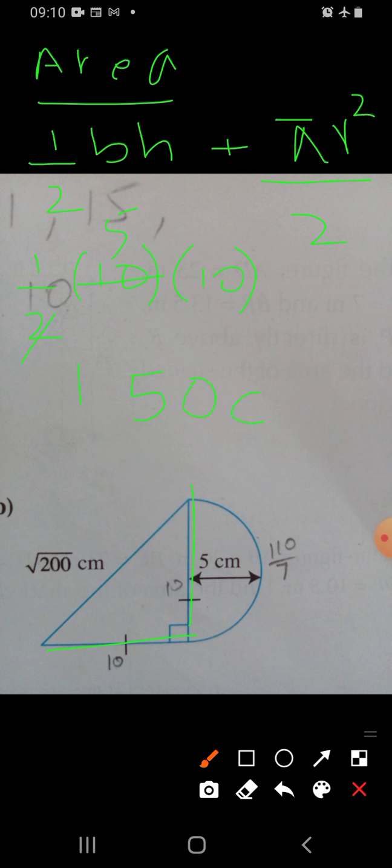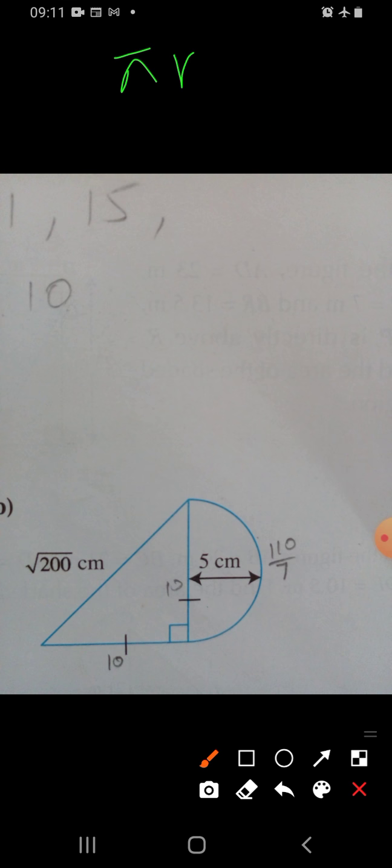So now I am removing this, and we just remember the value 50 centimeter square is the area of the triangle. Now, to find out the area of the semicircle, pi r square upon 2.